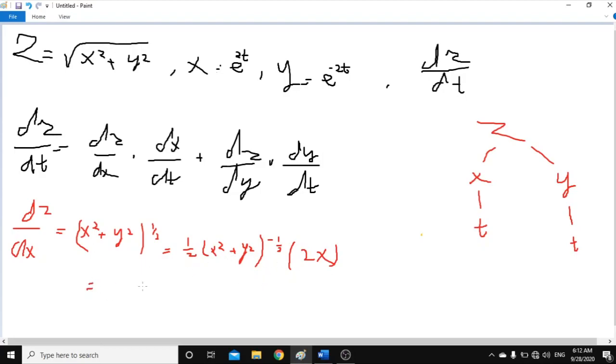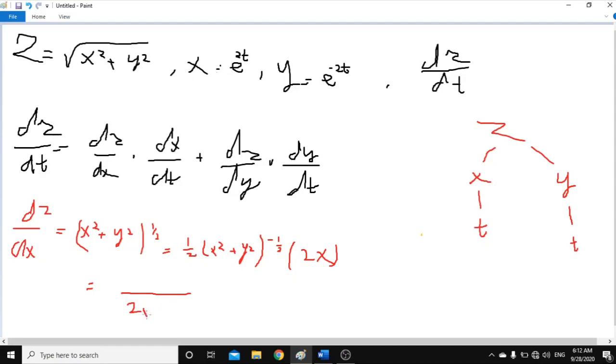From here we can write it as a fraction. We can put the 2 down, and here in this parenthesis we have negative 1 over 2. So if we flip it to the bottom side, it becomes a positive number.